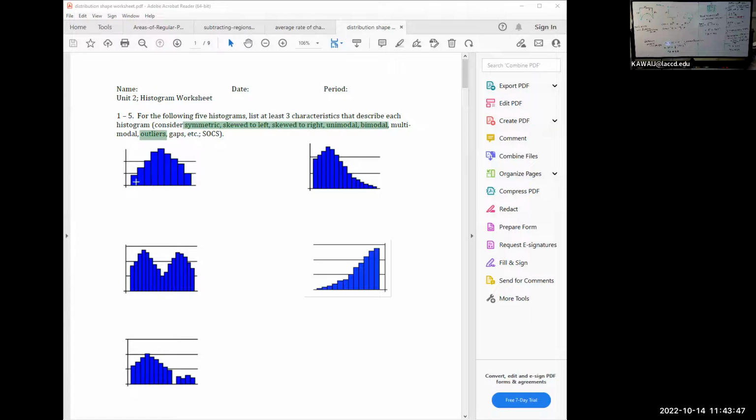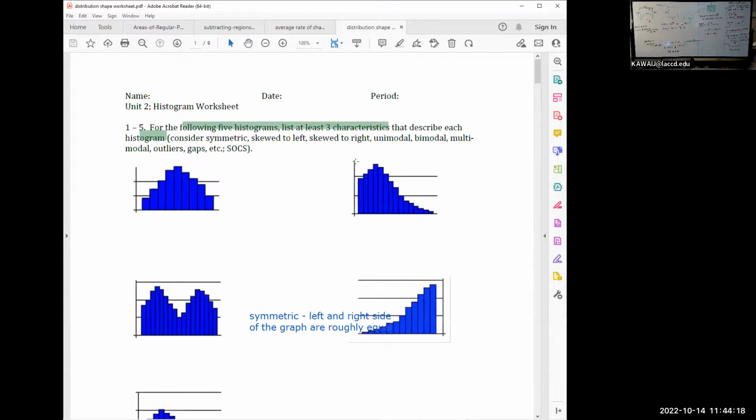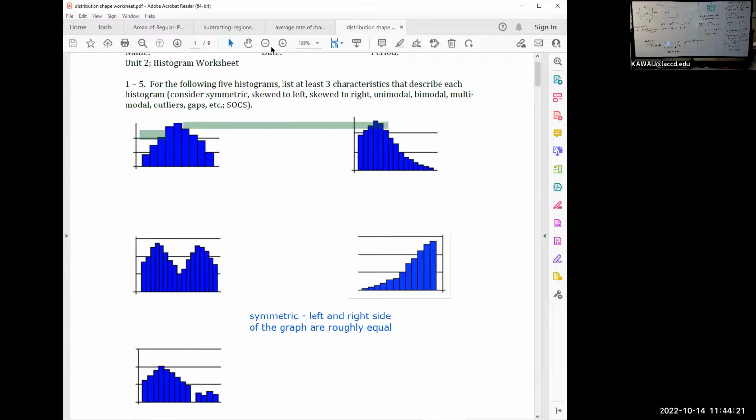So symmetric means that the left and the right side are roughly equal. Make this a little smaller.